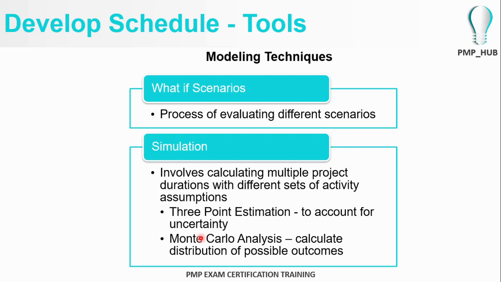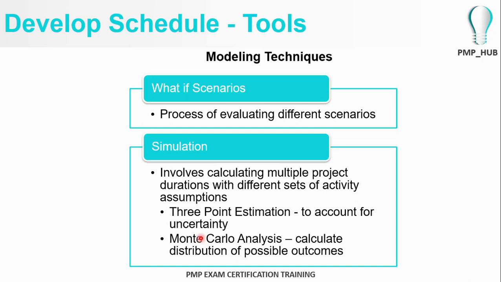So let's wrap up. There are some other modeling techniques that you as a project manager can use in developing a schedule. One is what-if scenarios, where you can develop many different project schedules depending on different scenarios that you can come across. You can also use simulation statistical methods.